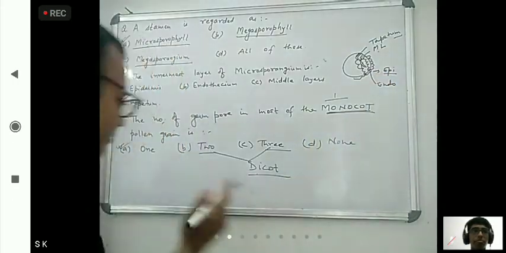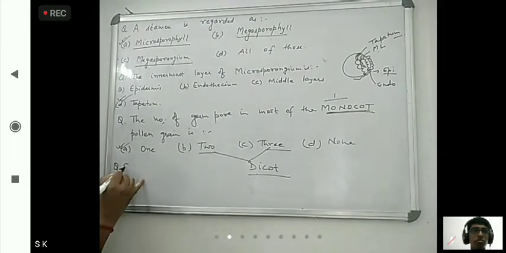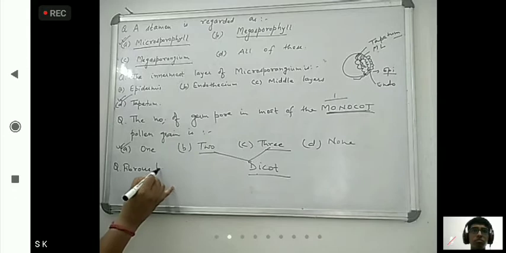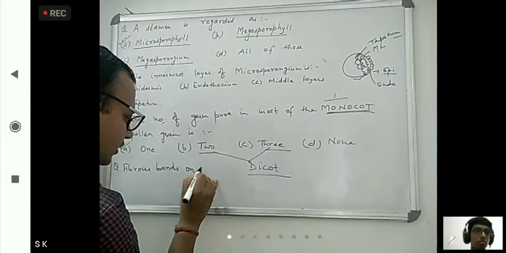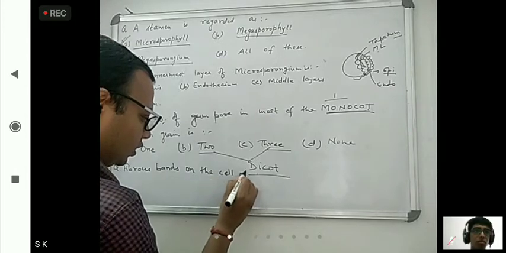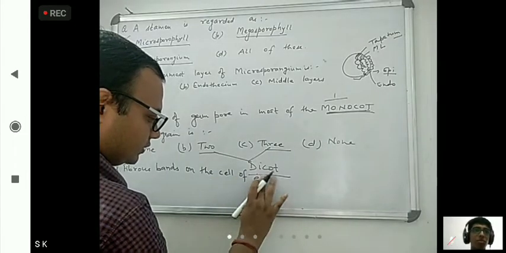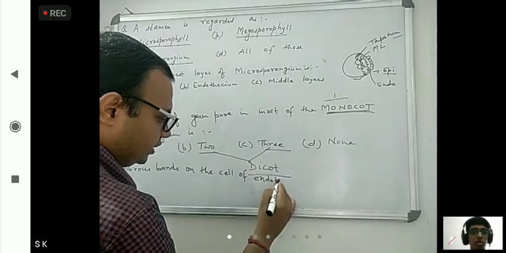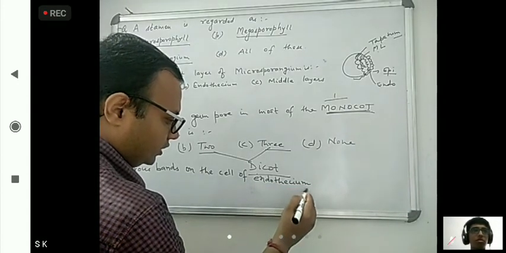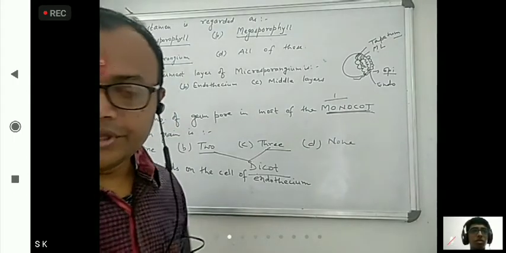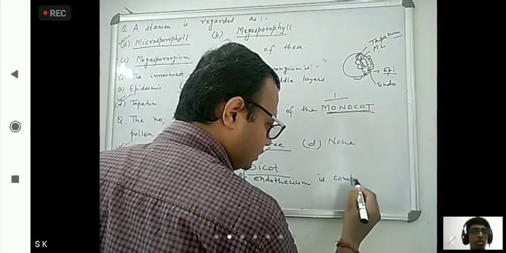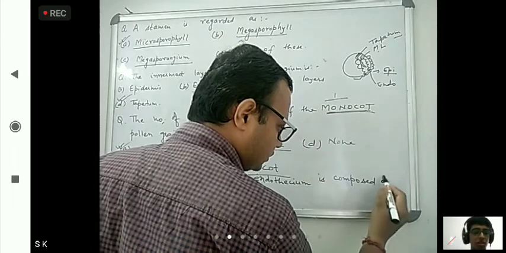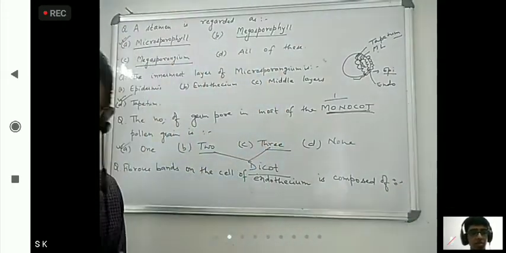So the question is: fibrous bands on the cell of endothecium are composed of. Yes, tell me what will be there.